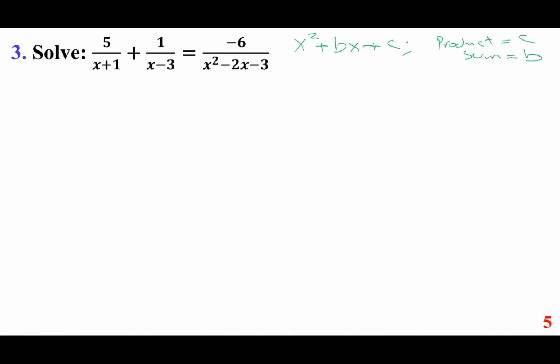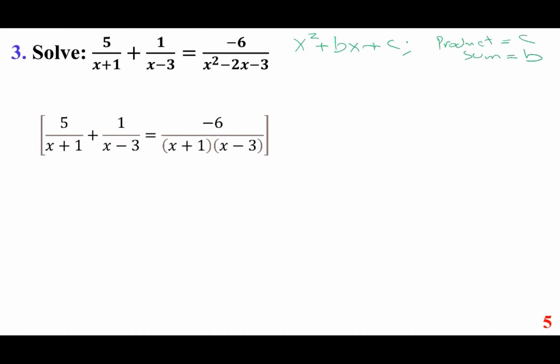We get +1 and -3. I'm assuming nobody has any problem with factoring, something we learned in elementary algebra. And so 5 over x plus 1 remains, 1 over x minus 3 remains, minus 6 remains. The denominator of the last fraction changes to x plus 1 times x minus 3, which means now two things.